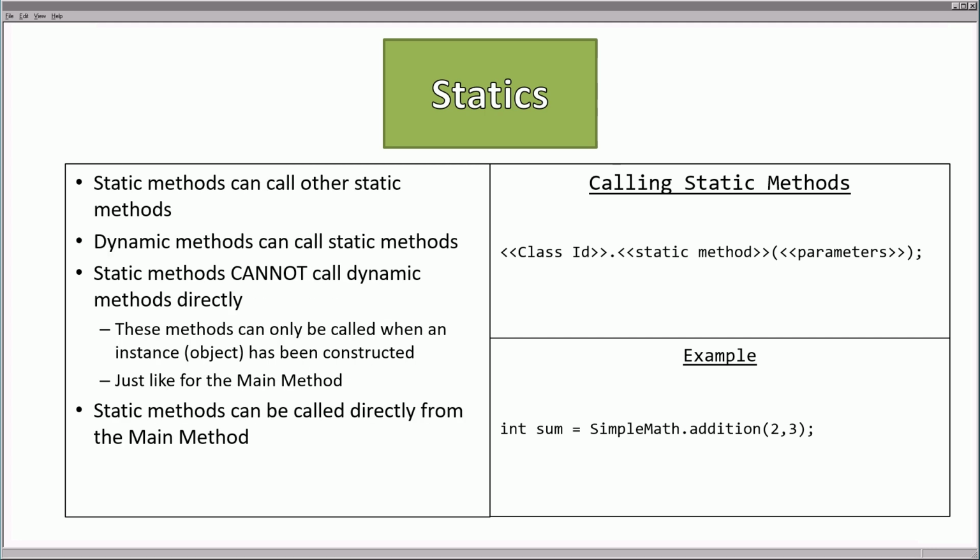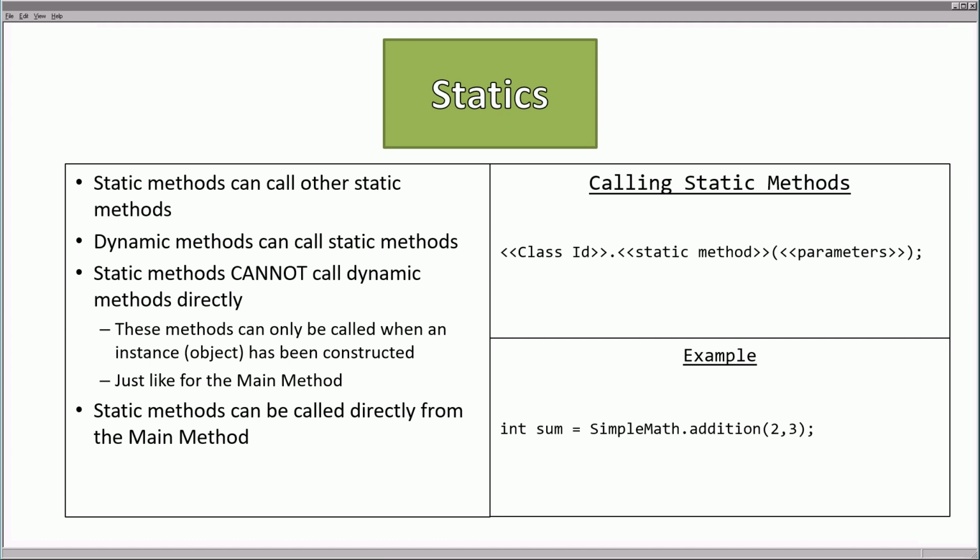Now, there are some rules when it comes to static methods. Static methods can call other static methods. Dynamic methods, the other ones that we've been writing, can call static methods. However, static methods cannot call dynamic methods directly. These methods can only be called when an instance has been constructed. Think of it just like when we were demonstrating this inside the main method.